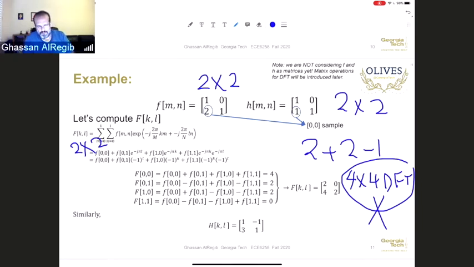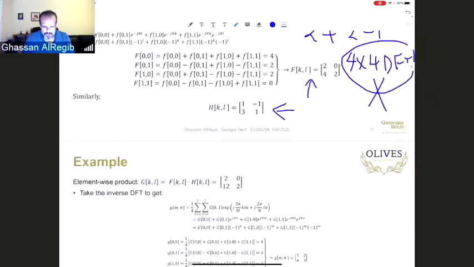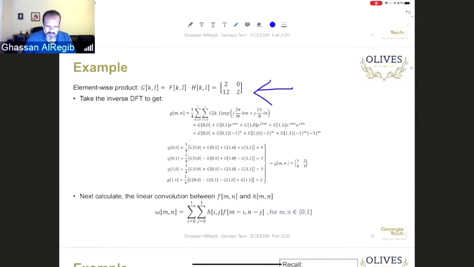And then we went through the whole process of calculating the DFT of small f, and we got this one here. The same process, get the DFT of h, we got this value in here, do the product, we got this, and then we do the inverse DFT, again a 2 by 2 inverse DFT, and we got this as the output, right? And that's basically our output if we use the DFT to calculate the output from this filtering.